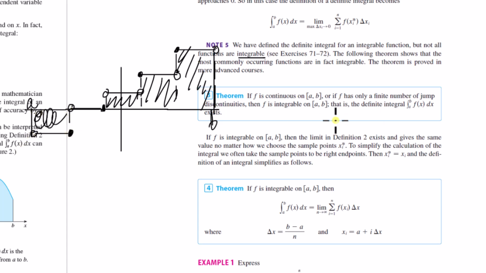So you would have to set up the Riemann sum, and you might have to think a little bit to set it up correctly because of the discontinuities. But once you set it up, even with the discontinuities, you take the limit, and the limit would exist.